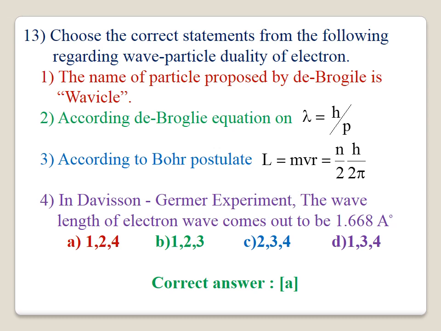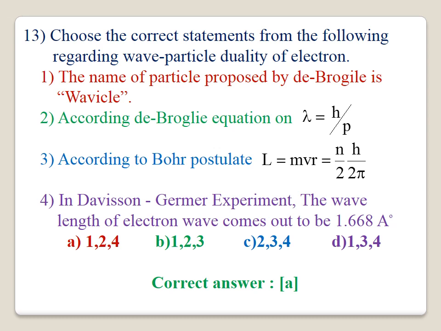13. Choose the correct statement from the following regarding wave particle duality of an electron. 1. The name of the particle wave proposed by de Broglie is matter wave. It is correct. 2. According to de Broglie equation, lambda equal to h by p. It is also correct. 3. According to Bohr postulates, angular momentum mvr equal to n by 2, h by 2 pi. It is wrong.